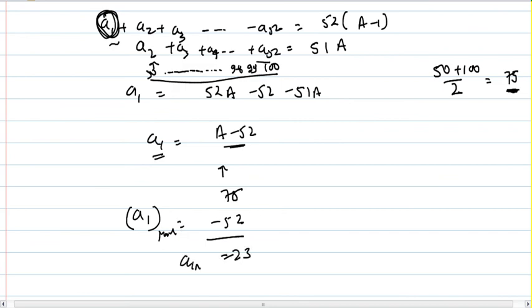So a1 maximum is 23. Focus. By bringing a2, a3, a4 up to a52 closest possible, you are increasing the gap for a1. You are increasing values for a1. Because it was given to me that a52 is 100, I assume these to be consecutive natural numbers.